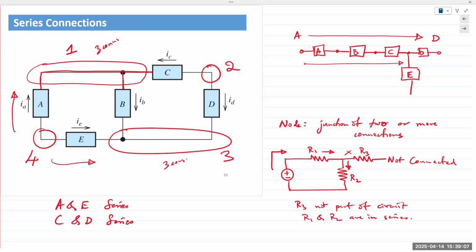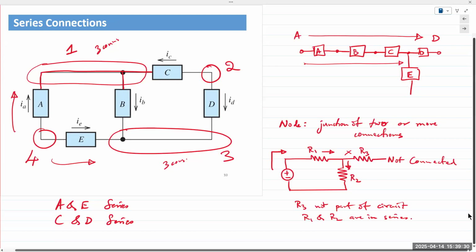Zero, right? There's no current flowing through, there's no voltage drop. That means both ends of R3 are the exact same potential. If the difference between the two terminals of R3 is zero, that means both ends of R3 are at the exact same potential.